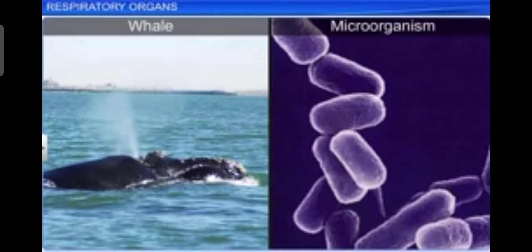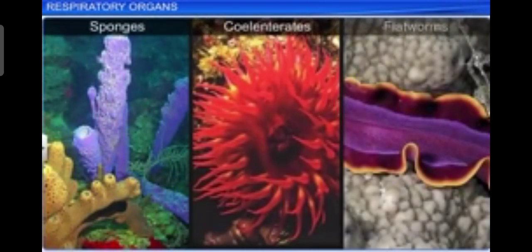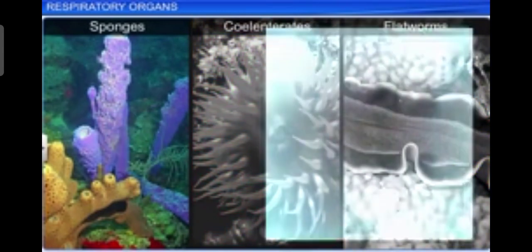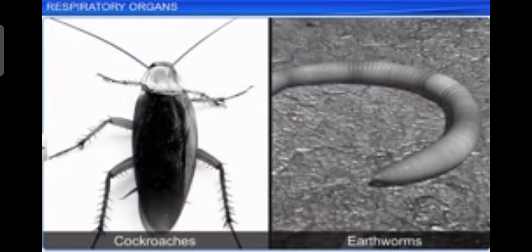The mechanism of breathing varies among different groups of animals depending mainly on their habitats and level of organization. Lower invertebrates like sponges, coelenterates, flatworms, etc. exchange oxygen with carbon dioxide by simple diffusion over their entire body surface.